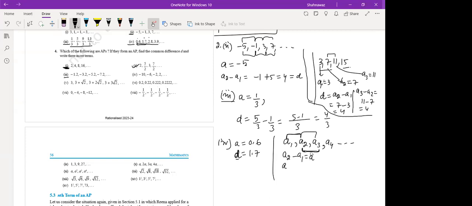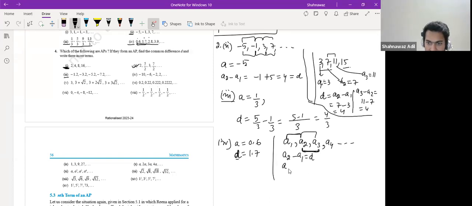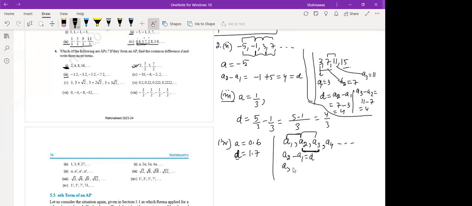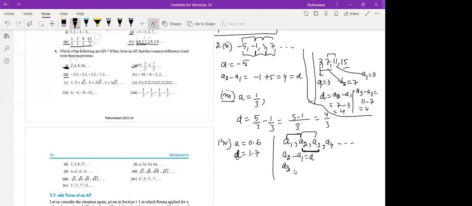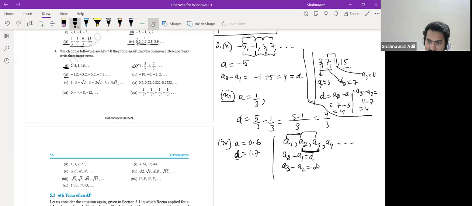A3 and difference. Difference would be minus. So A3 minus A2. Right. So this is the difference.